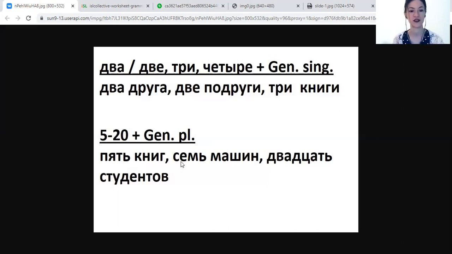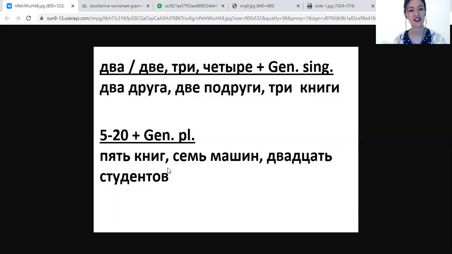For example, 5 книг. Again, I know that you want to say 5 книги, because книги is plural, but it's nominative plural, like first case plural. And you need genitive. That's Russian life.